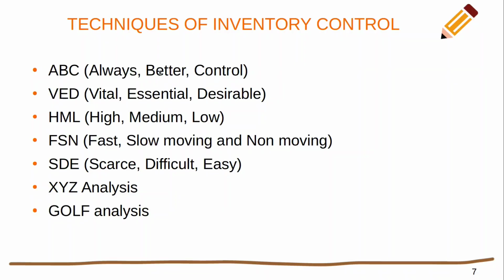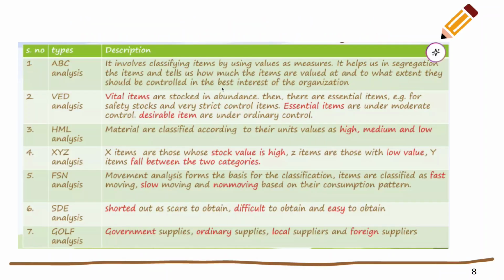Always better control. The items which we use daily, which are required daily in some wards, need to be kept in a better and controlled way. Like that you can classify and arrange the items in the stock room. That is ABC analysis.